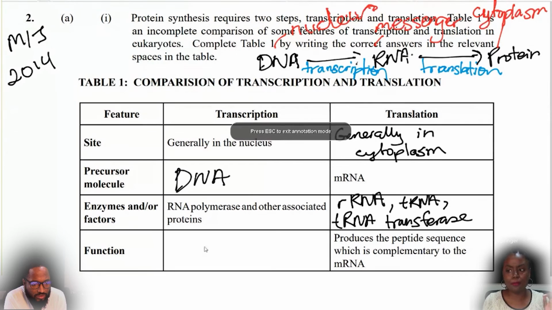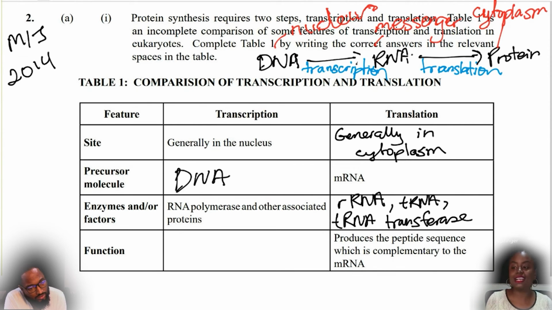So what would be the importance of transcription? It is that you want to make mRNA that is complementary to DNA. You have DNA, you make a molecule mRNA that's complementary to the DNA because you want to get that message out.